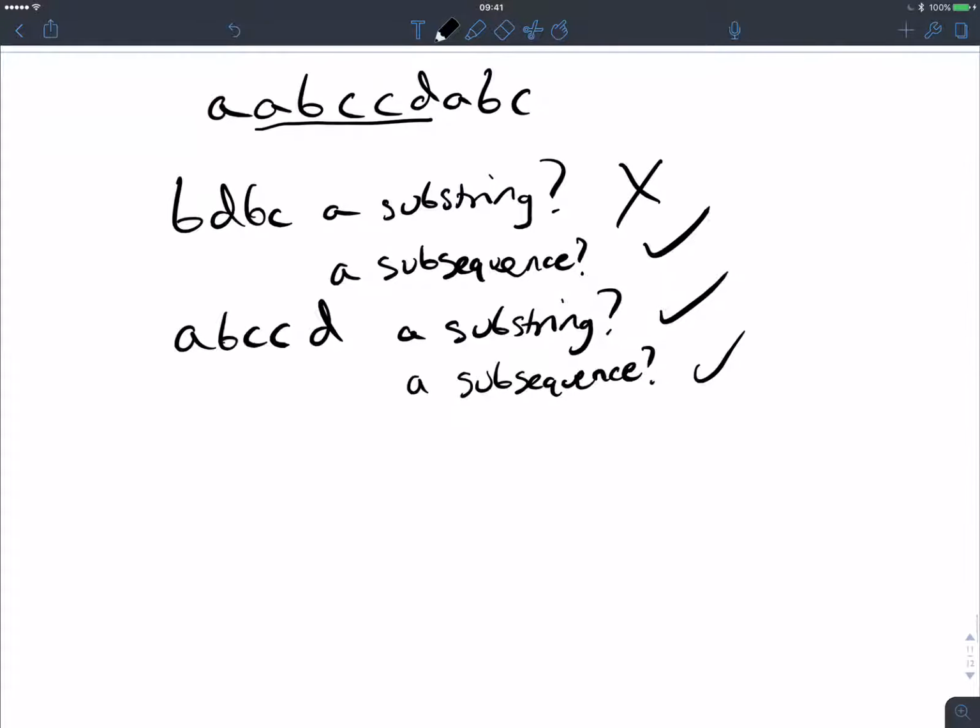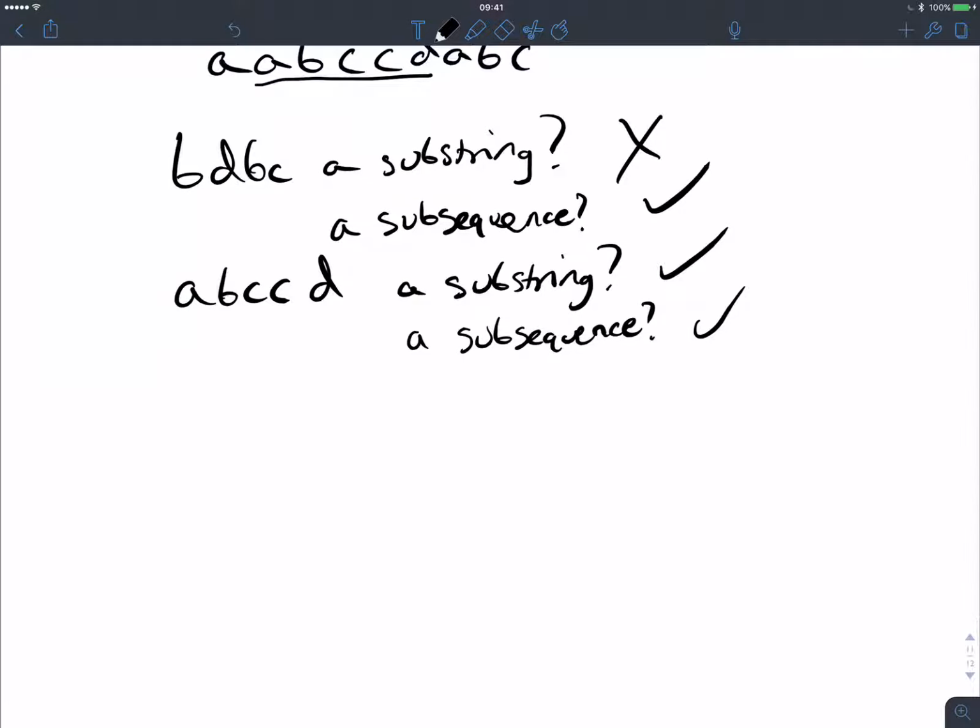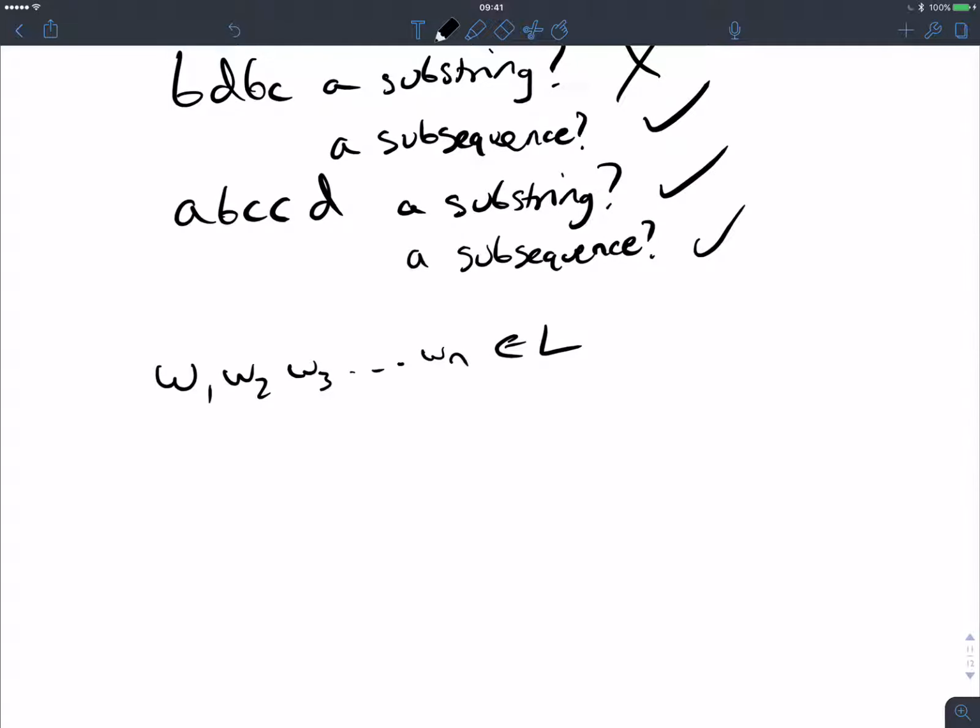Actually, I'll try to address some concerns with this. So if we have W1, W2, W3, whatever, Wn, in the language, and we want to consider all the supersequences of this, what can go in between or before each individual character?